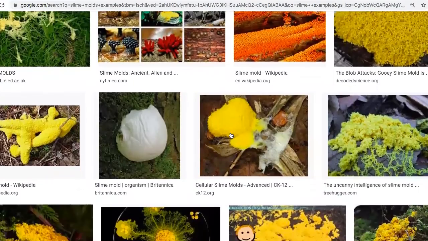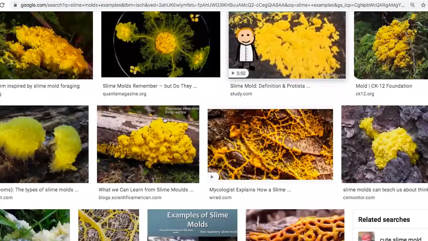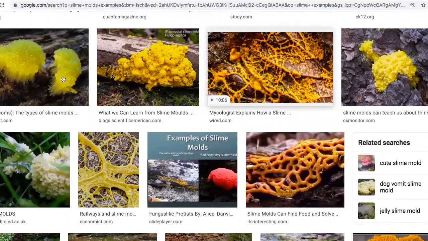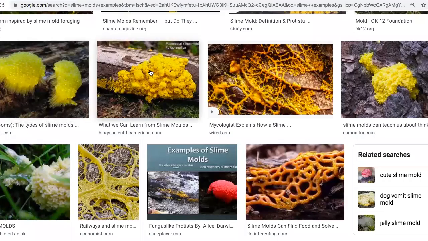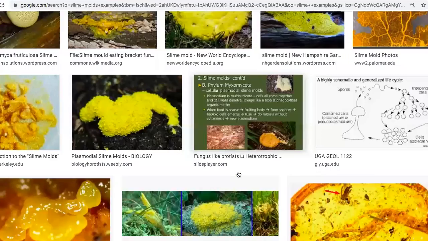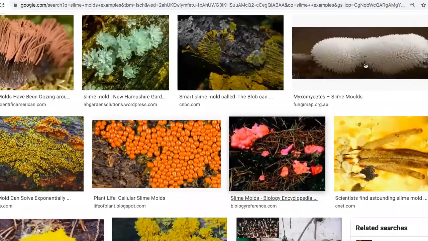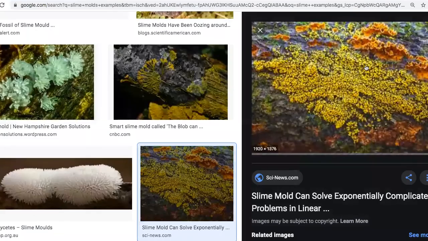So you see, this is all slime molds. You can see this blob-like structure on top of wood and such, which is rotting. These are examples of slime molds. This is how they look. You might have seen this very frequently on top of wood after a rain.